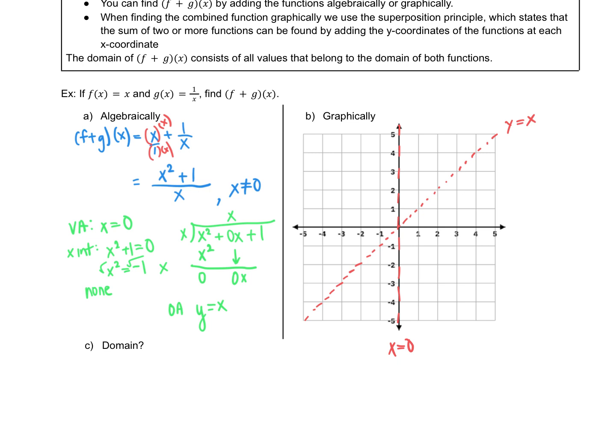I didn't get a y-intercept, so if I set x equal to 0, well, there's an asymptote there, so there is no y-intercept and no x-intercept. So from here, I can try a test value. So I'm going to find f at 1 and f at -1. So let's see, if we plug in 1, we would have 2 over 1, which is 2. So I'll plot that point. And if we plug in -1, we would have 2 over -1, which is -2.